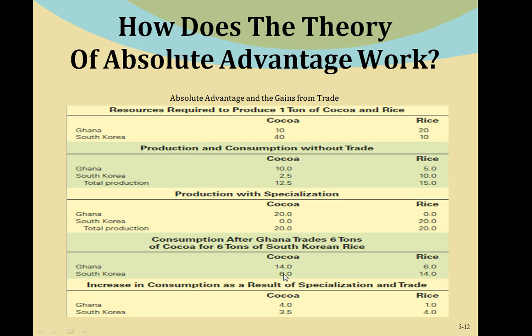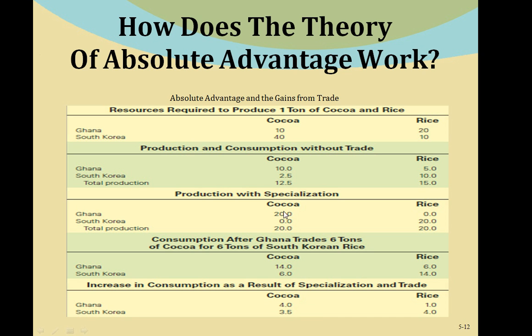If you take a look, altogether Ghana gains an extra 4 tons of cocoa and 1 ton of rice, while Korea gains 3.5 and 4.0. So basically, after trade, if they specialize and concentrate on just one product, total production will increase to 20, previously 12 and 15.